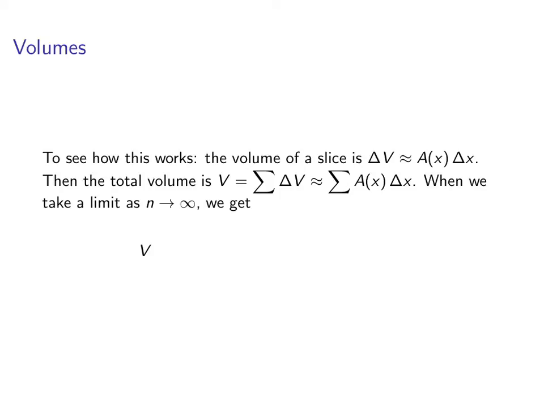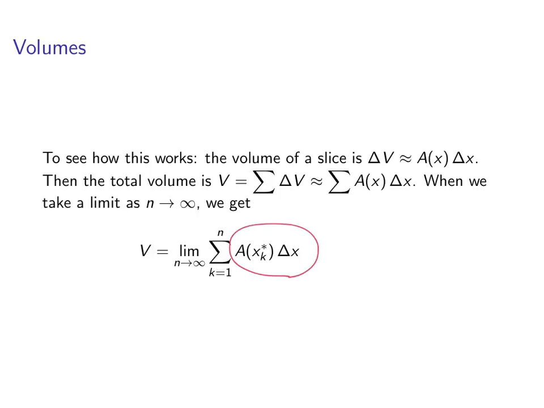Now, we're in a calculus class, so we take a limit as n goes to infinity. So n is the number of slices. And now we get some expression that looks like this. So we have a limit as n goes to infinity of the sum of all these A of x_k star delta x. So these things here are the volumes of each, I think of this like a bread slice.